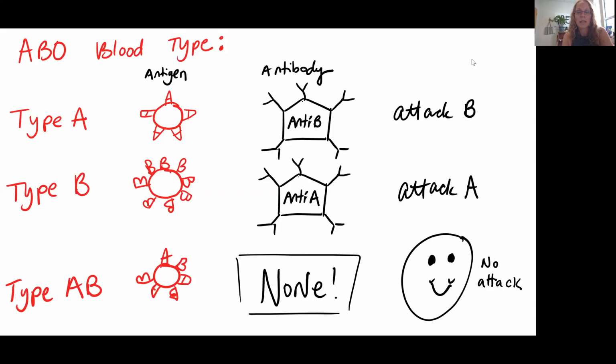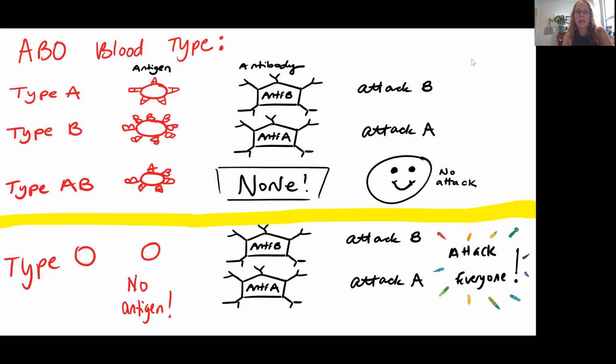And then finally, we have type O. In the case of type O, there is absolutely no antigen of this type hanging off of the cell membrane. There's no A, there's no B, there's not an O antigen, it's just absent. In this case, that clean red blood cell is considered self.